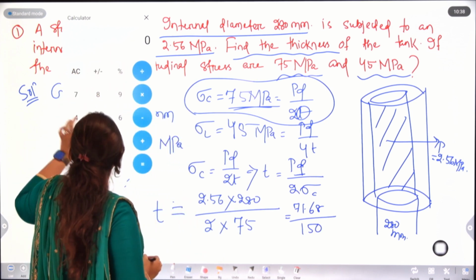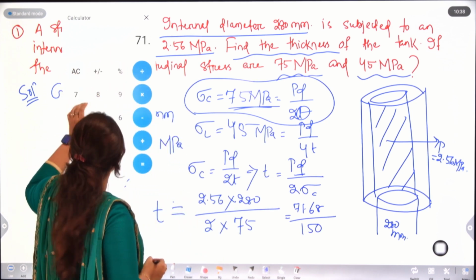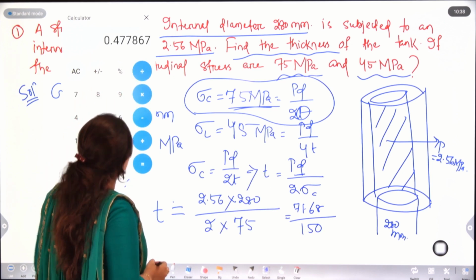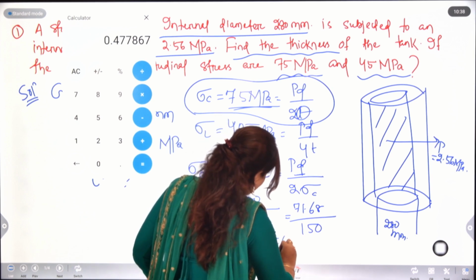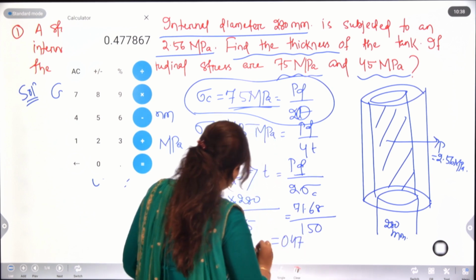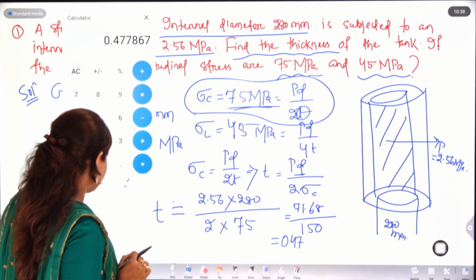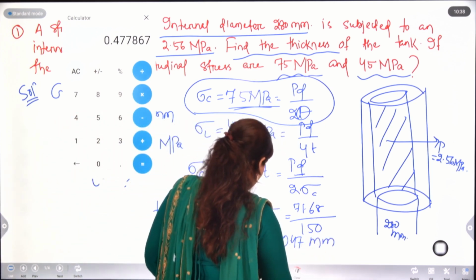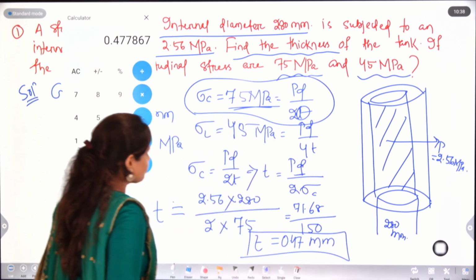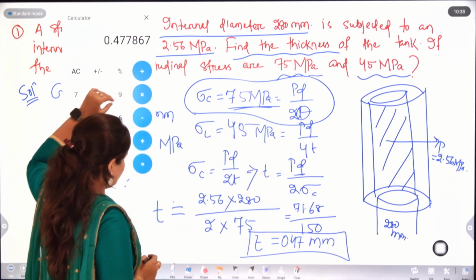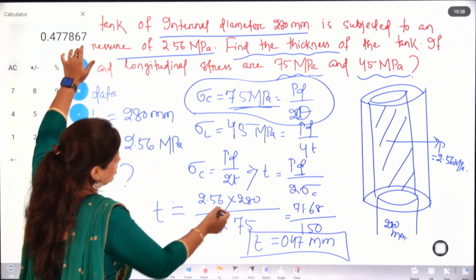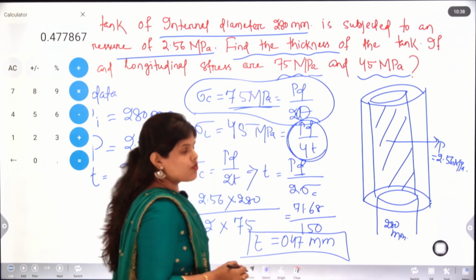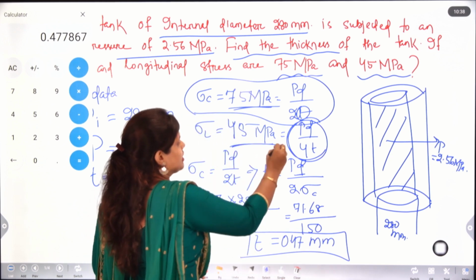So, next, 71.68 upon 150 gives 0.47. t is in mm, right? If the calculation is wrong, you can cross check it with this formula also, as we have our longitudinal stress.